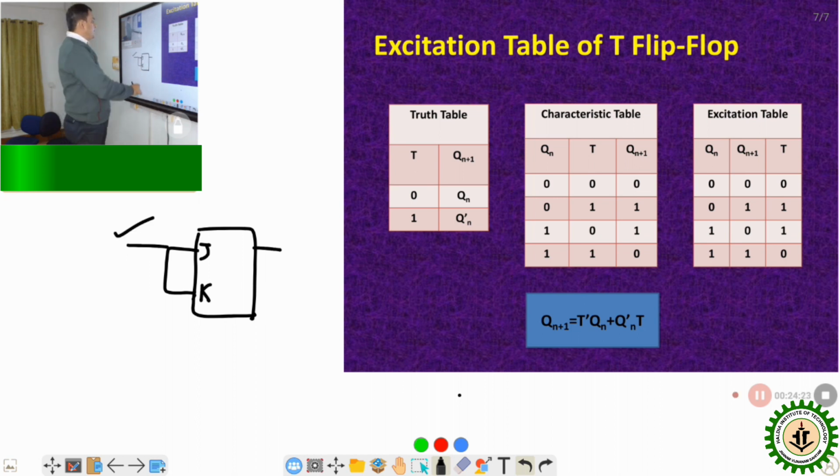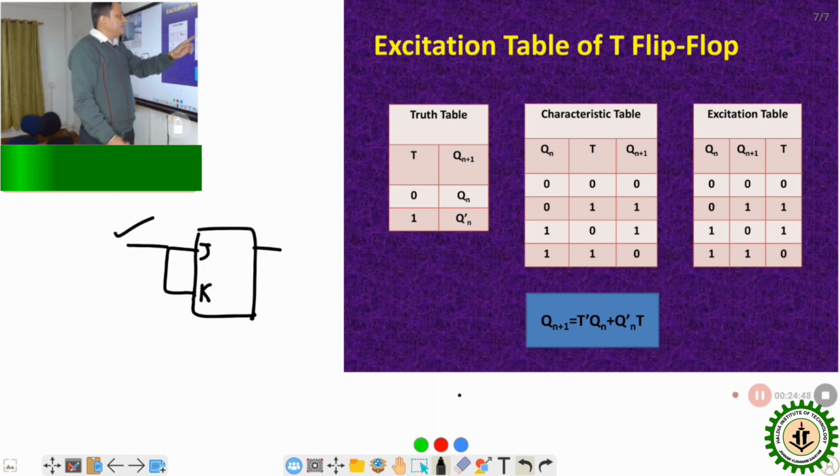So if we apply 0, 0 0 will be applied here. If we apply 1, 1 1 will be applied here. And we know for 0 0 in JK flip flop there is no change, and for 1 1 the output toggles. That means Qn plus 1 will be equal to Qn bar.